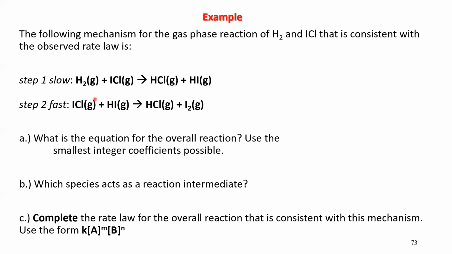We want to cancel out anything that's either produced in one step and consumed in another step, or consumed in one step and produced in another step. And then once we do that, we want to decide what the overall rate law will be. And we figured that out from the rate determining step.